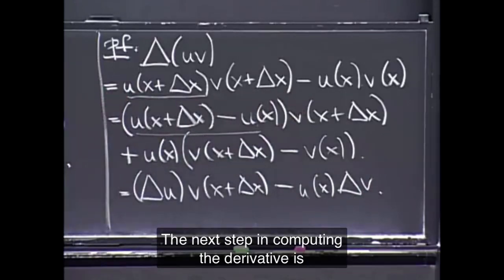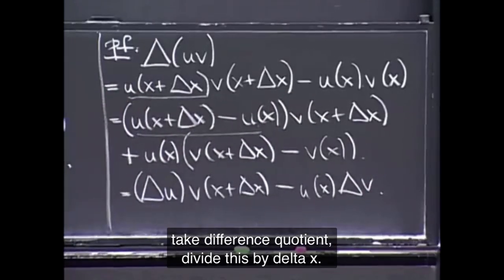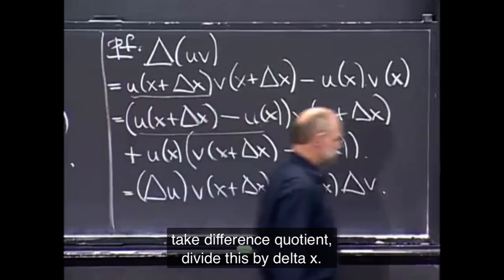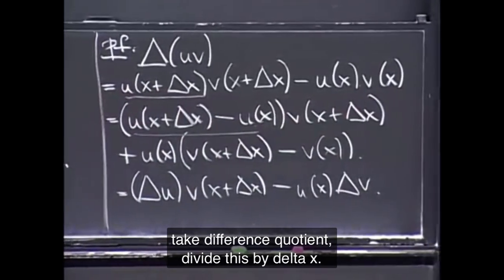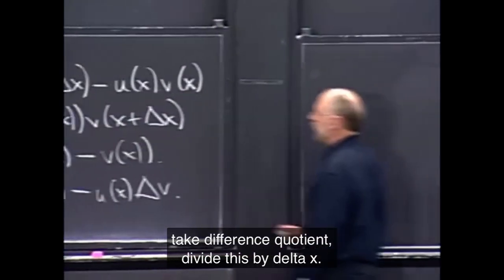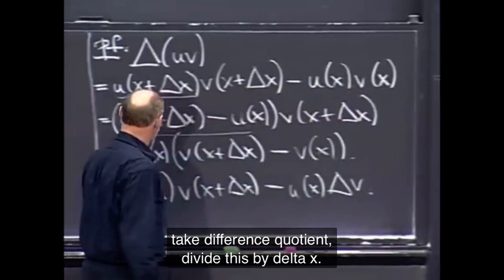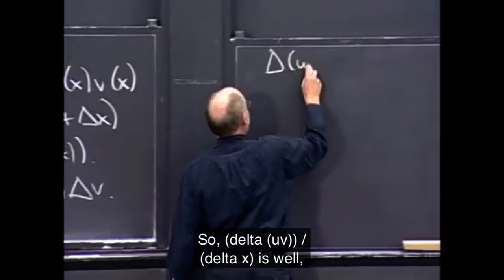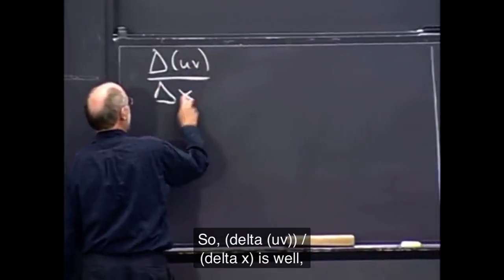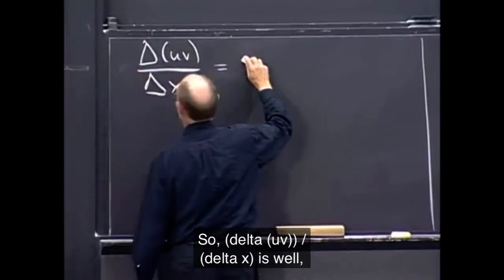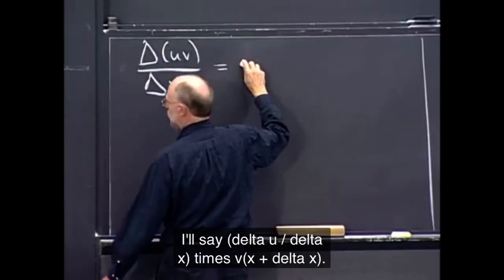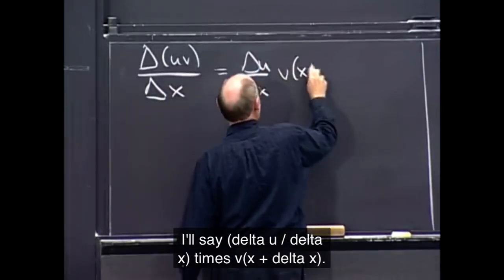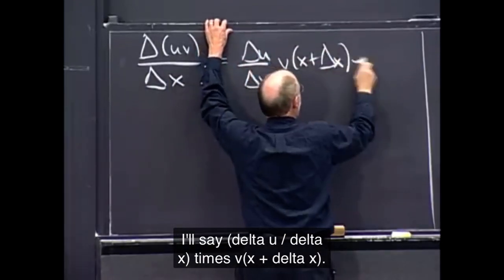The next step in computing the derivative, take the difference quotient, divide this by delta x. So delta of uv divided by delta x is, well, I'll say delta u divided by delta x times v of x plus delta x.